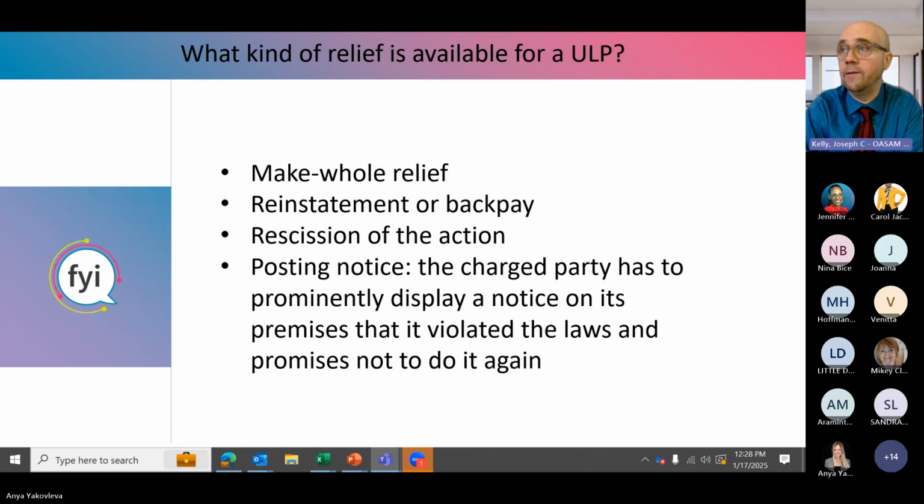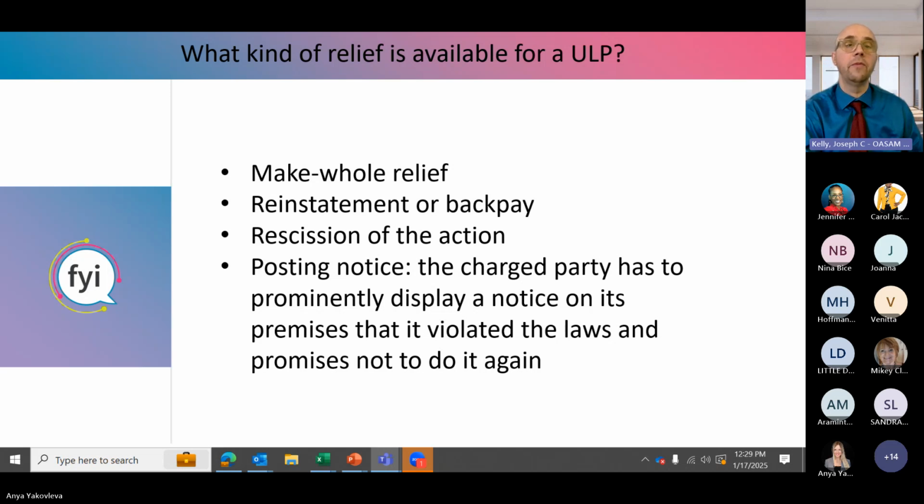Make whole relief could be reinstatement if the unfair labor practice is a removal of a federal employee. It could be back pay if the unfair labor practice was an unjustified suspension without pay of an employee. The FLRA will order that the agency rescind the action that gave rise to the unfair labor practice.